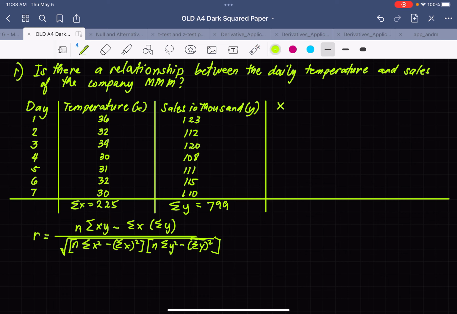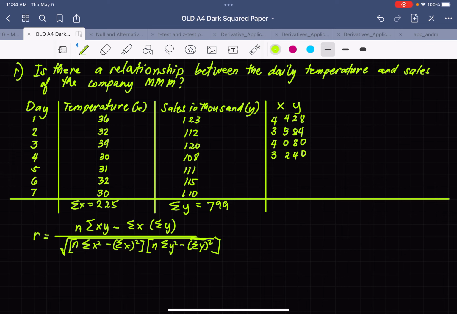So x times y. 36 times 123 is 4,428. Next, 32 times 112 is 3,584. Next, 34 times 120 is 4,080. Next, 30 times 108 is 3,240.